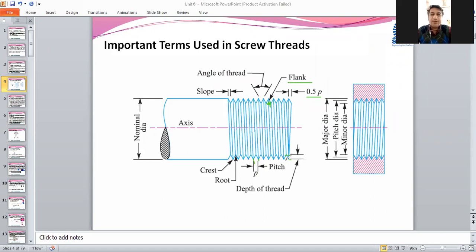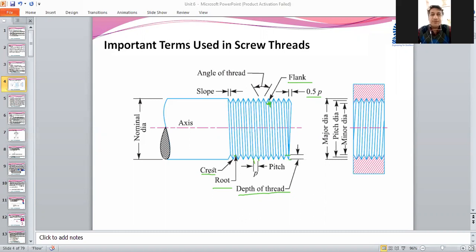That is how deep the threads are cut inside the nut and on the bolt, that you call the depth of the thread. Then root, that is the minimum diameter here, on the bolt. This term is used on the bolt only; for the nut, this term root is not used. And crest is the uppermost position and lowermost position of the thread.